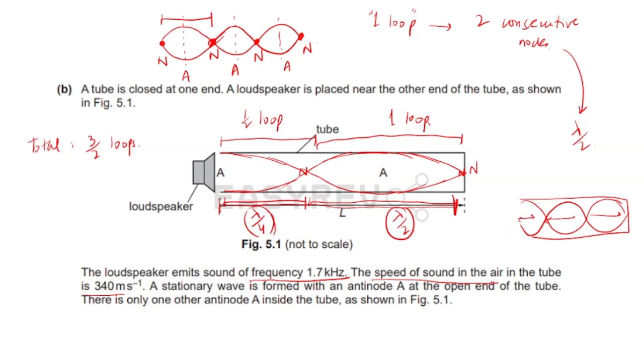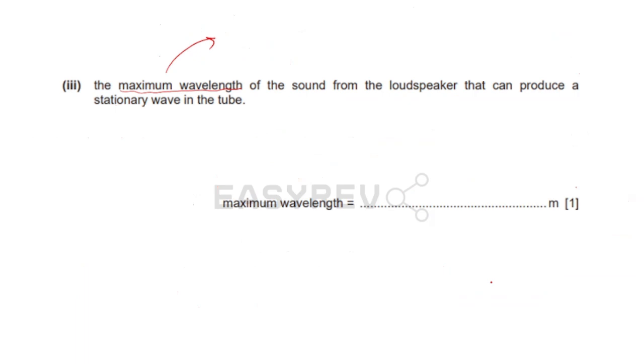So instead what you basically want is to fit in the least amount of loops inside. That way you can expect those loops to spread over the tube a lot more, hence giving you a larger wavelength.